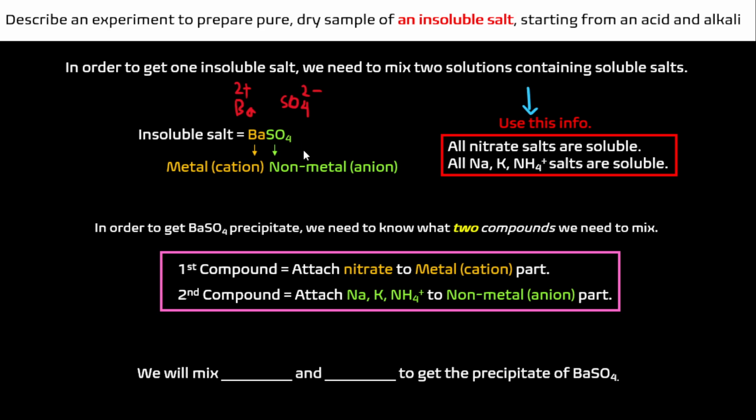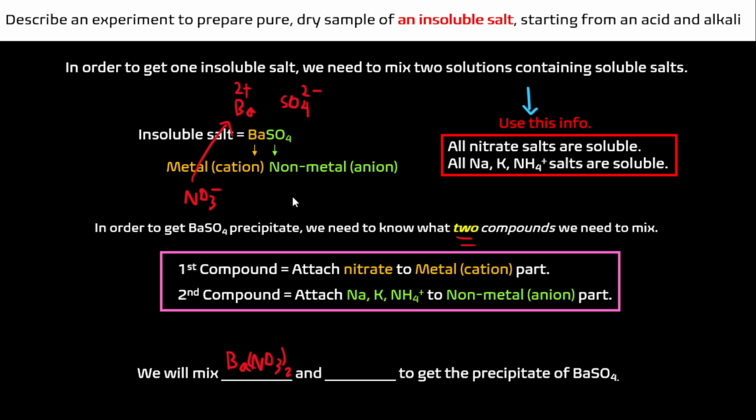What we need to do is tell them what two compounds we are going to mix. The first compound: attach the nitrate to the metal cation part. Why? Nitrate is NO3 minus, so attach your nitrate to the metal part. So we will mix barium nitrate, Ba(NO3)2.